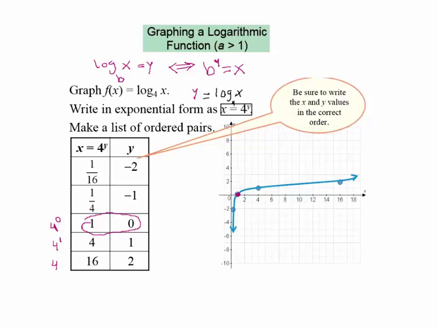If y is equal to 2, x would be equal to 4 to the power of 2, which is 16. As you see, as I increase the value of y, the value of x increases. This would be the point.